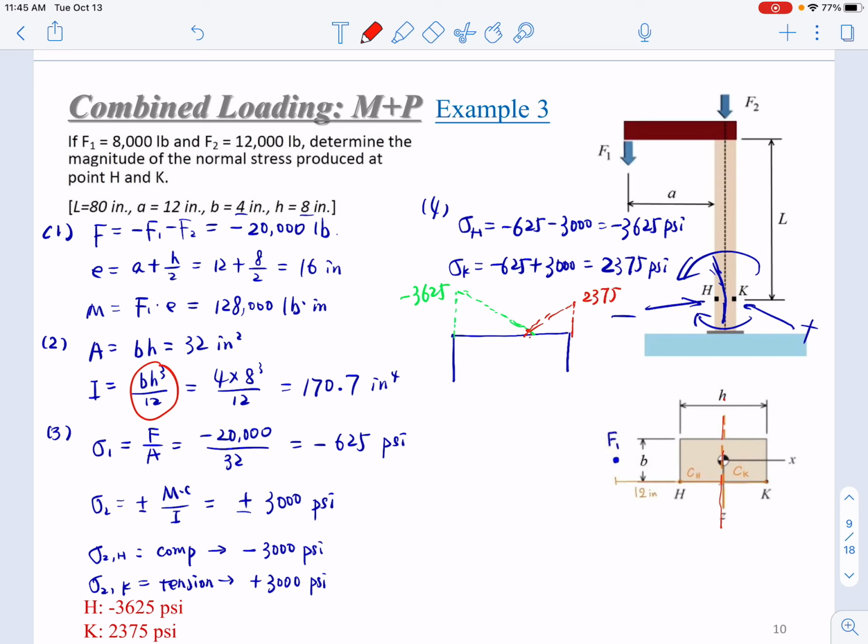So here, this is the location where you have zero stress. So if you want to determine the location, you can calculate the x here.